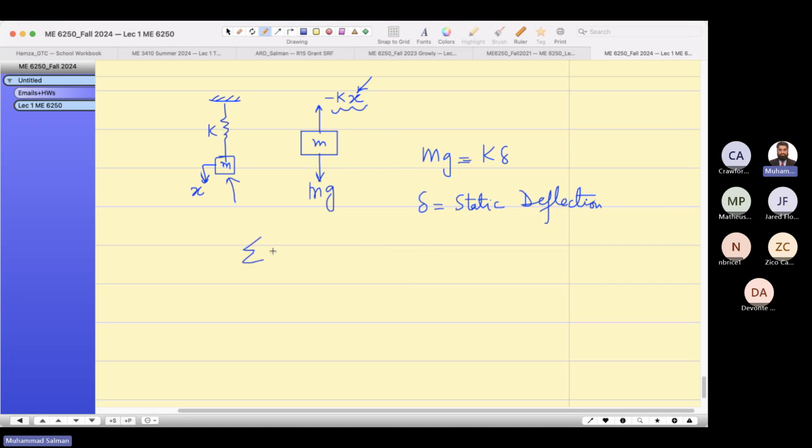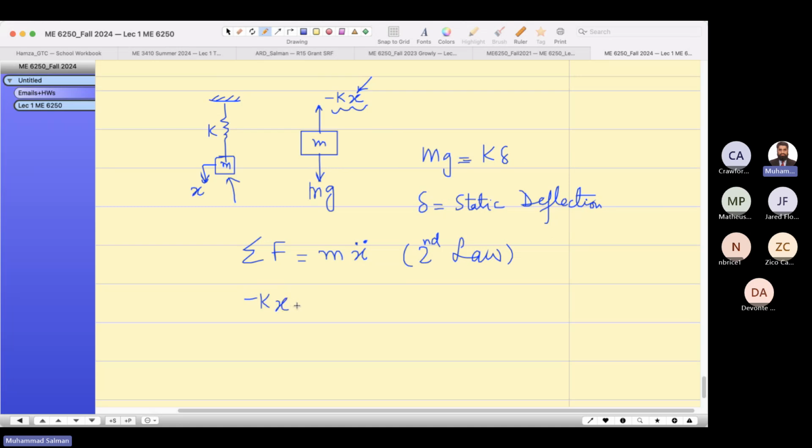So I can model all the forces, they equal mass times acceleration. This is Newton's second law. Now here this is a negative sign.